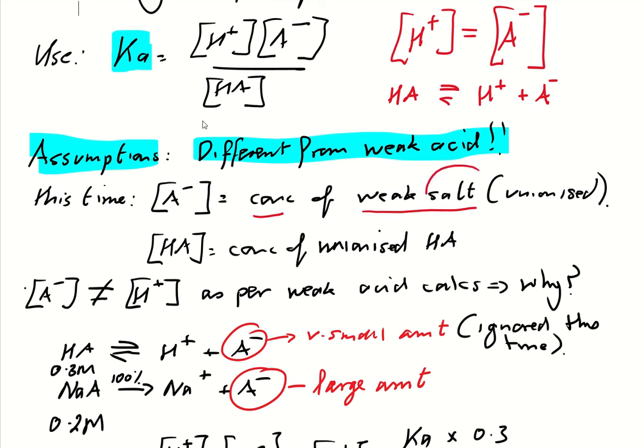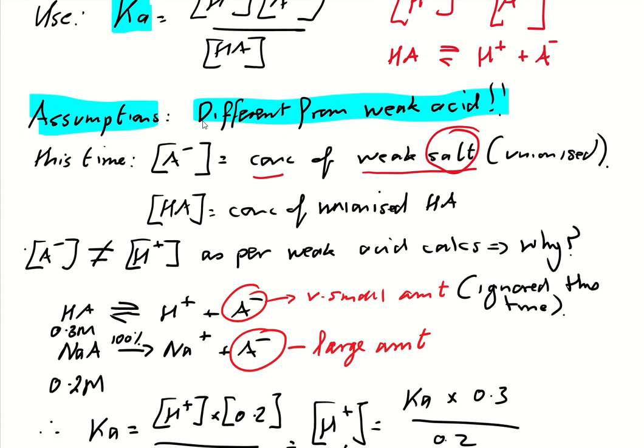We found out the concentration of that salt of the weak acid, unionized, and we said that is our A minus. We'll look at why that is the case in a minute. And the concentration of HA, in other words the weak acid, is equal to the concentration of the unionized weak acid, and that's the same as for our weak acid case.